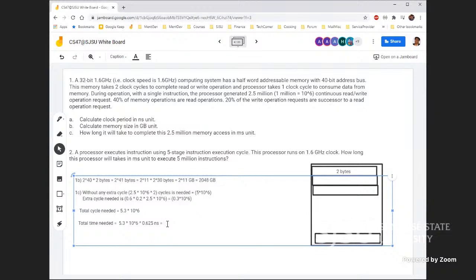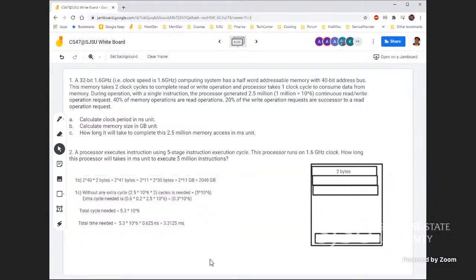So it is simply 5.3 multiplied by 0.625, which is 3.3125. If you use a calculator, you will get that in milliseconds. So the time needed to complete the 2.5 million operations would be 3.3125 milliseconds.